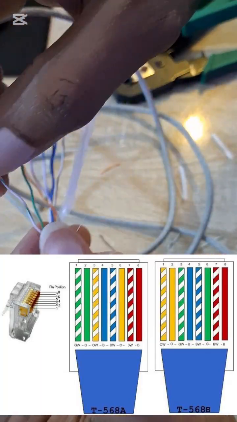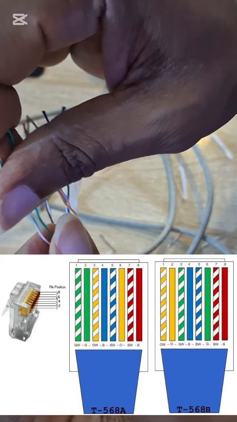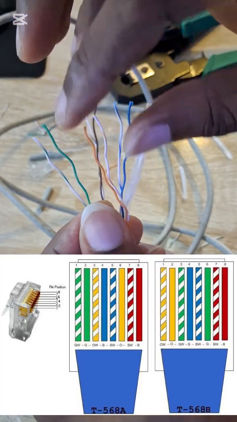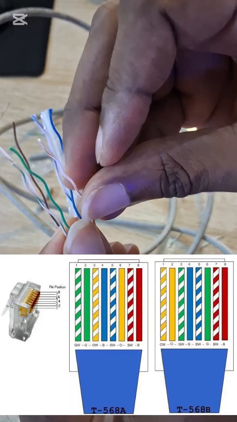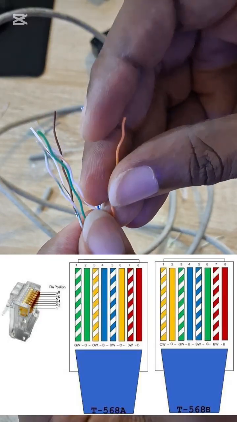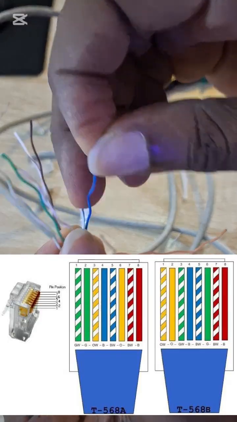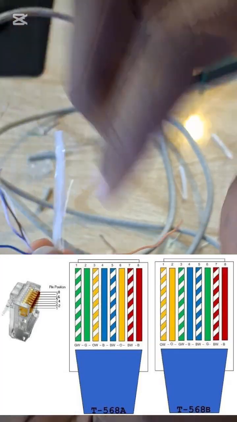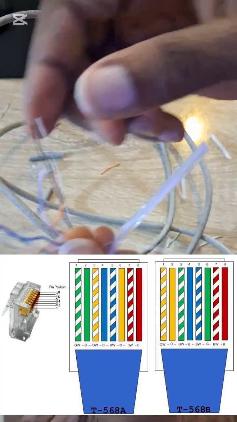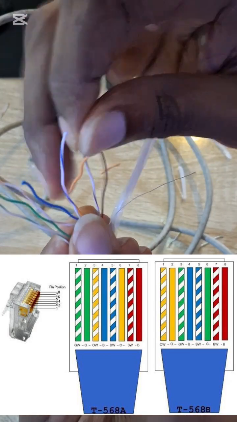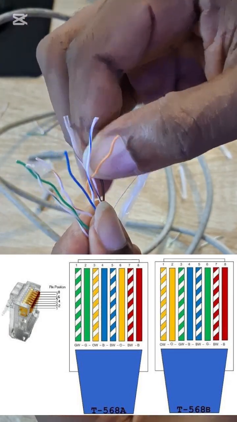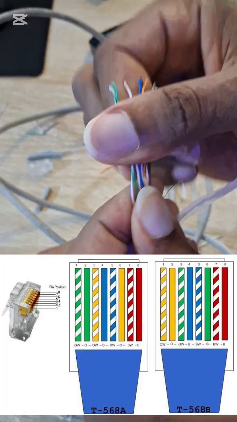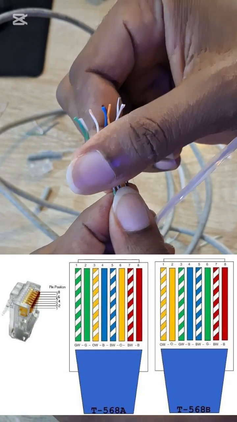Remember, type A is this: white green, green, white orange, blue, then white blue, orange, then white brown. So this is your arrangement for type A. Let's get it very well.